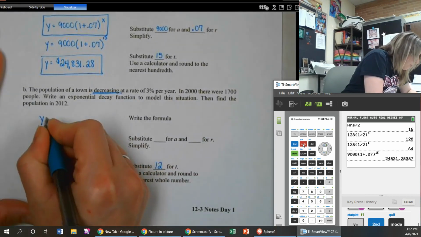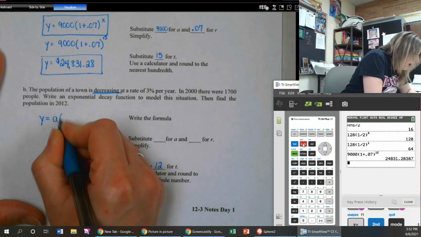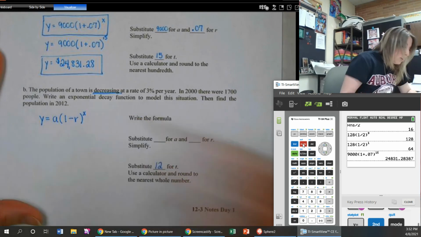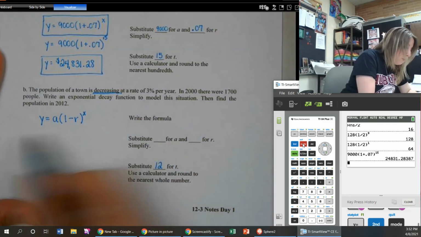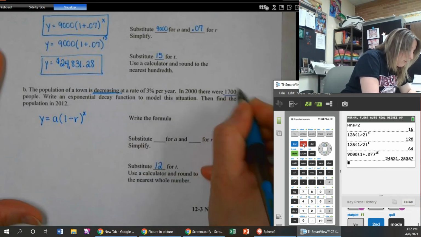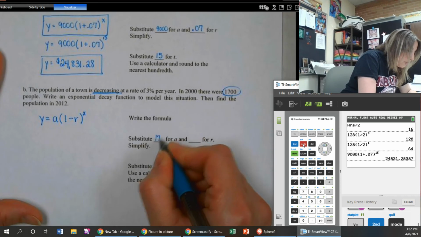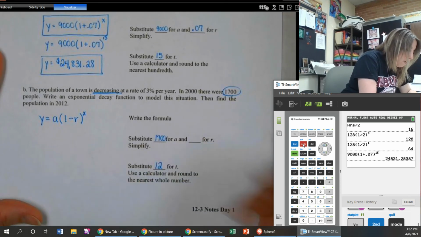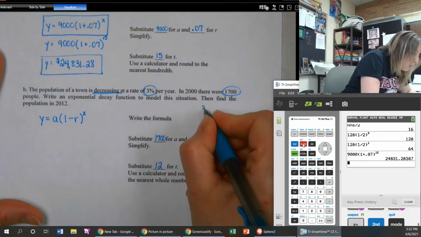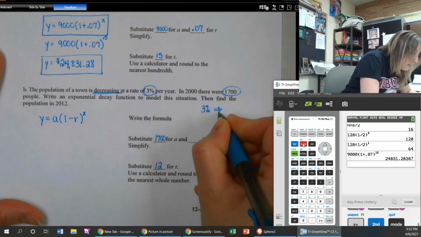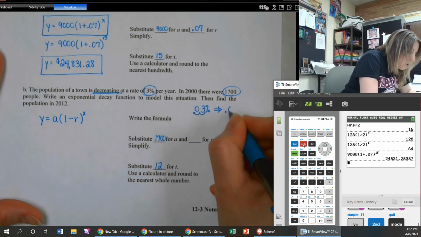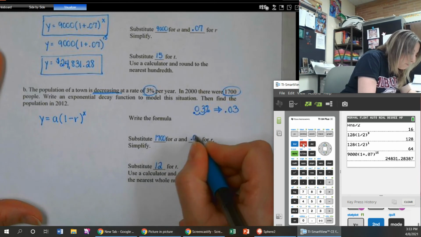So let's write the general function y equals a times (1 minus r) in parentheses and raised to the x power. We want to write the formula, then substitute something for a and something for r. What's our initial value? In the year 2000, there were 1,700 people. That's a. r is whatever 3% is as a decimal. So 3% is, take the decimal, move it 2 spots this way, 0.03 as a decimal.